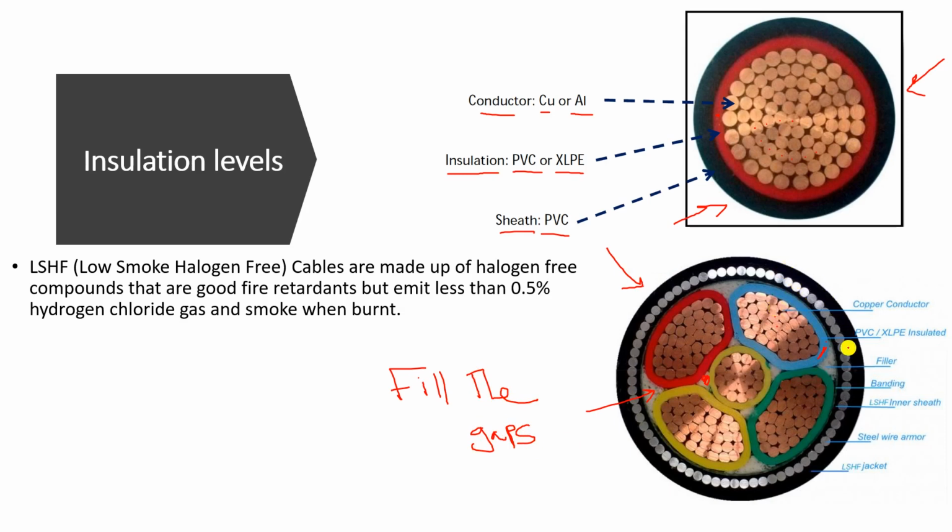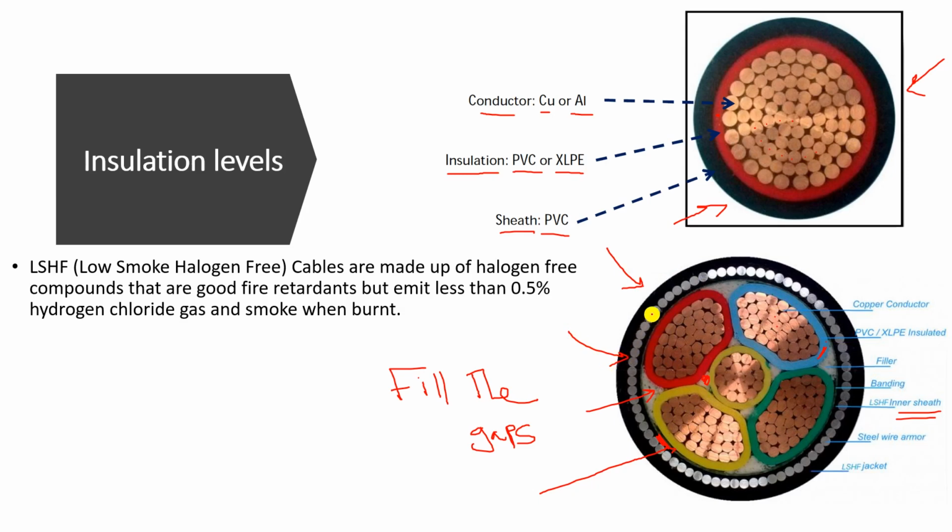Now, outside of this you will find a black material. This black material is called the inner sheath. Now, what does this material do? This material protects the inner cores from something called armoring.